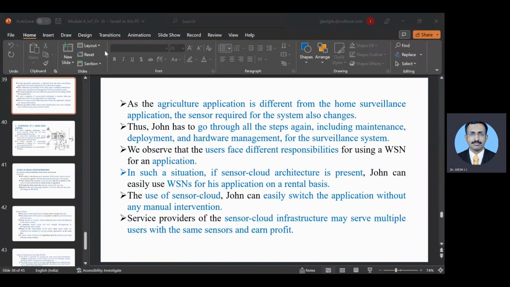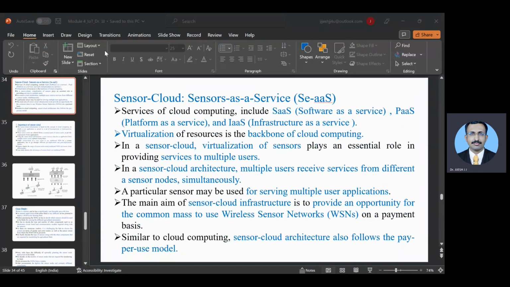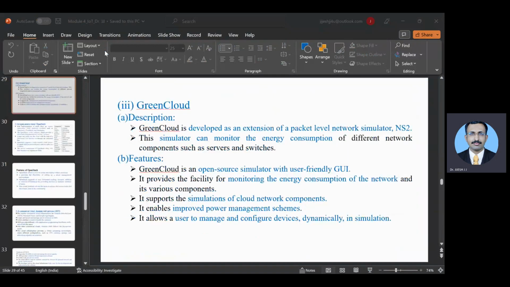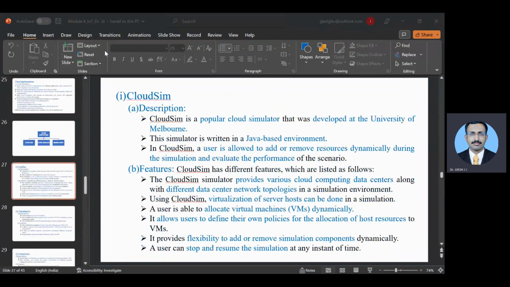Just to brief you in 2 minutes, we have seen cloud implementation, wherein cloud simulation, there we have seen CloudSim, CloudAnalyst, and GreenCloud.